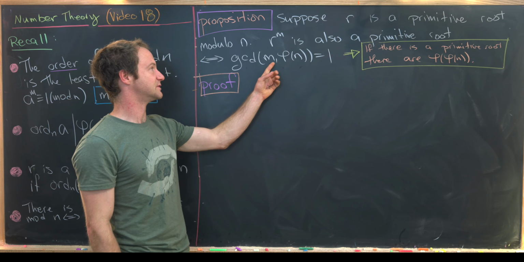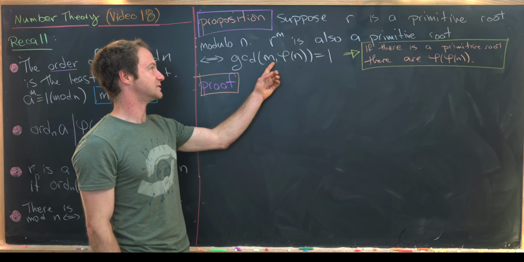And then from here, we can write r to the first power as r to the mx times r to the phi of n times y. But then reducing that mod n using Euler's theorem, we see that this becomes congruent to 1. So that means we don't need to worry about the stuff in this green box. So that means this is congruent to r to the m to the x modulo n.